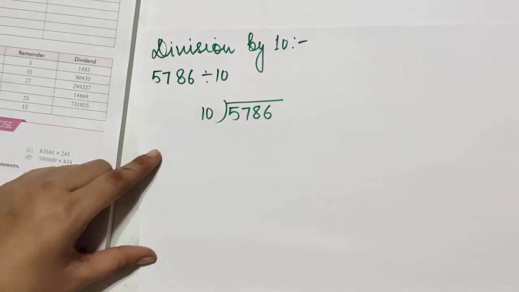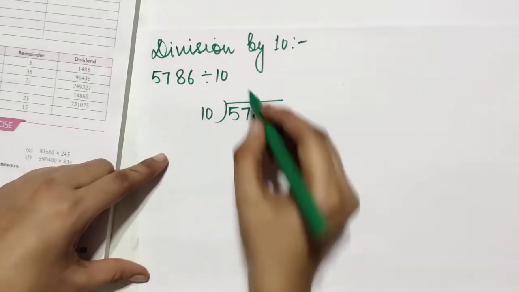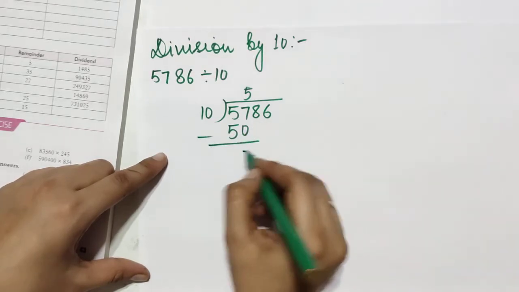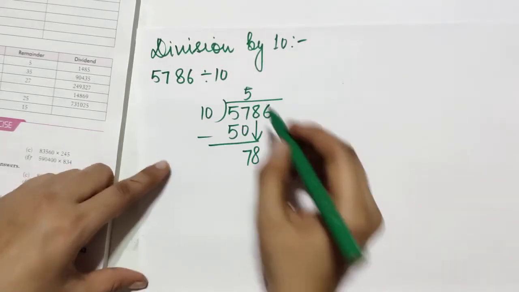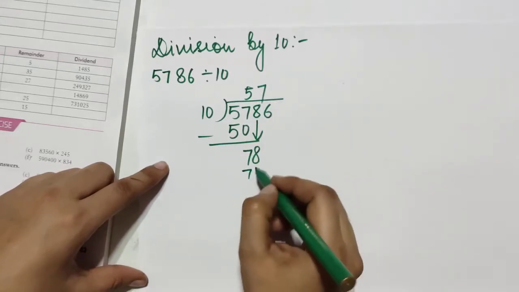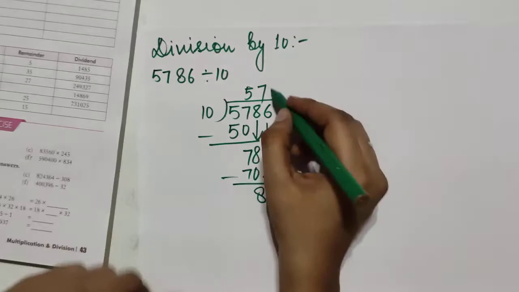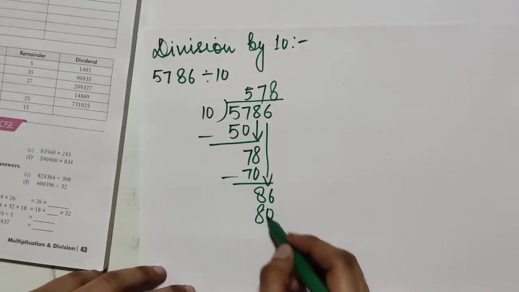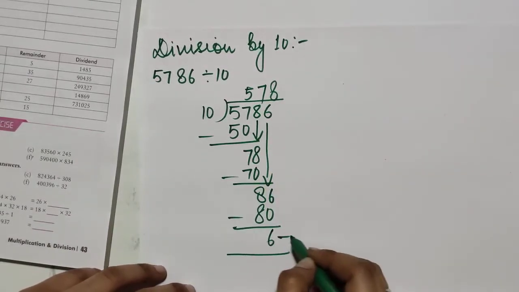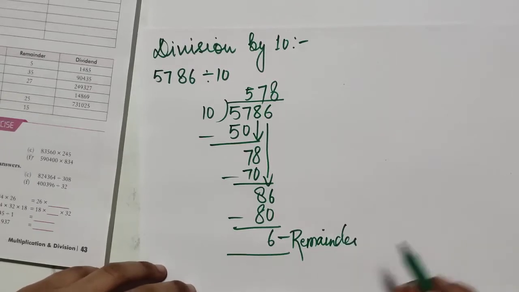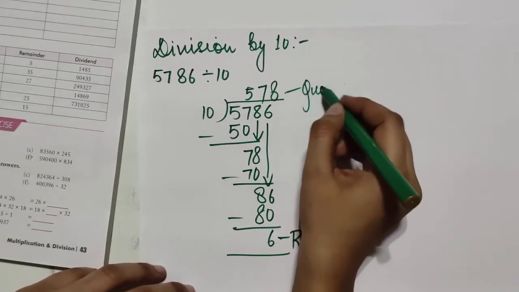Dividing by 10, what do we get? 10 5s are 50. 7 is left, 8 will come down. 10 7s are 70. 8 is left, 6 will come down. 10 8s are 80. So 6 will be the remainder, and this will be the quotient.